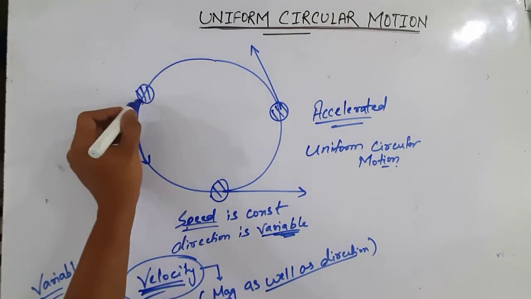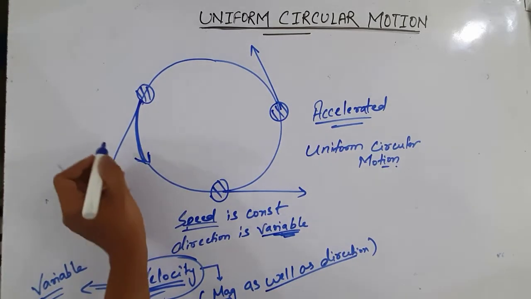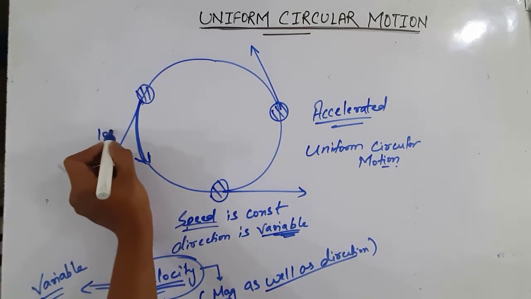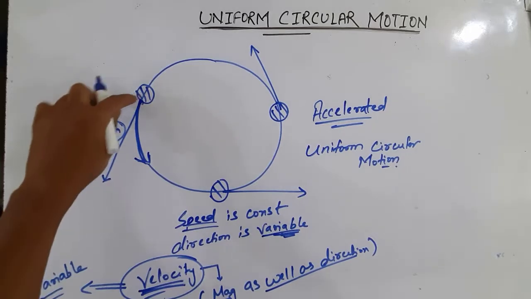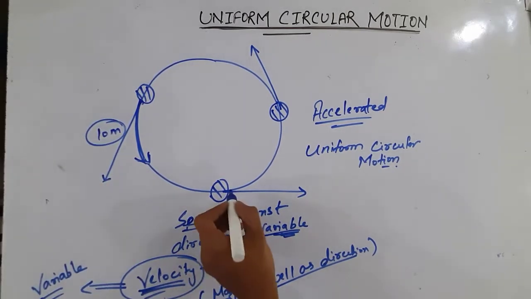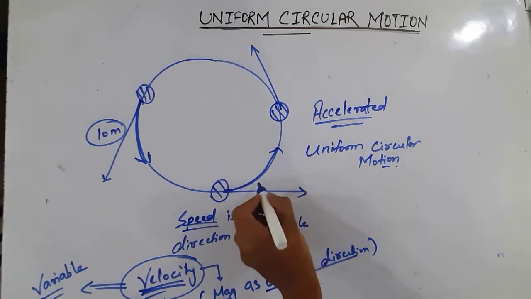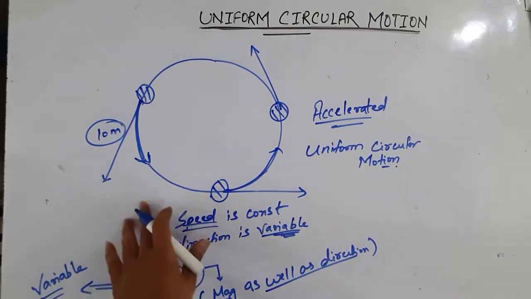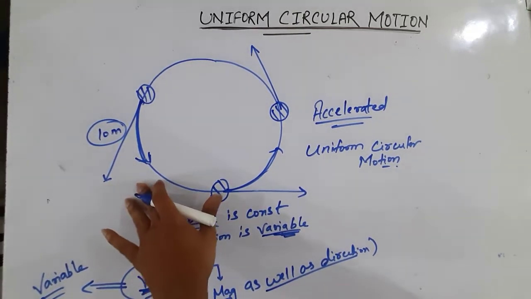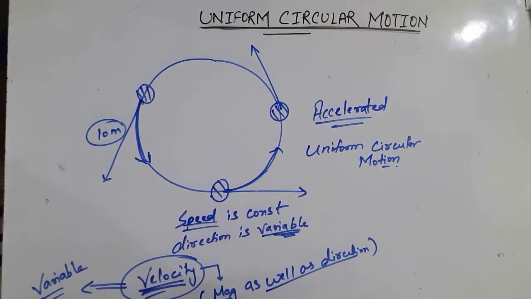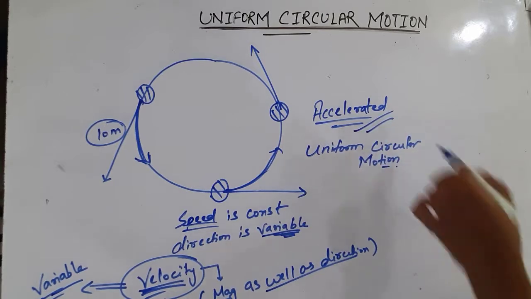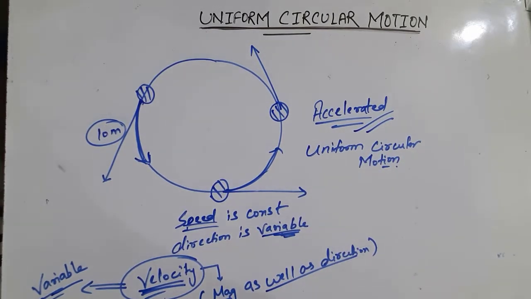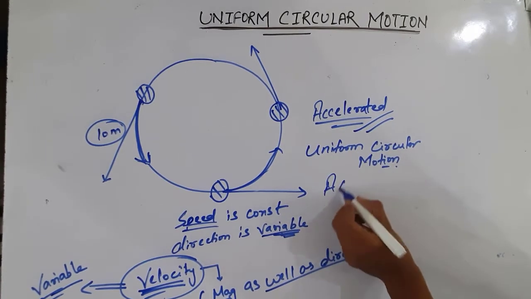Suppose this distance is 10 meter. The time taken to cover 10 meter here will be the same as the time taken to cover 10 meter here. So the speed is the same, but the direction is changing, and since the direction is changing, the velocity is variable, and since velocity is variable, the motion is accelerated. So we can say that it is an example of accelerated motion.